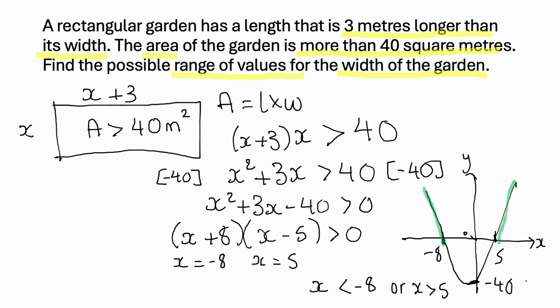We can't have -9 meters. So that means x less than -8 won't work in the context of this question. So we scrap that. So in the context of the question, x has to be greater than 5.